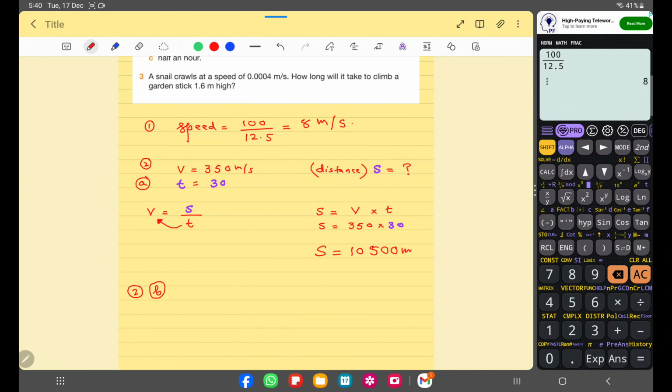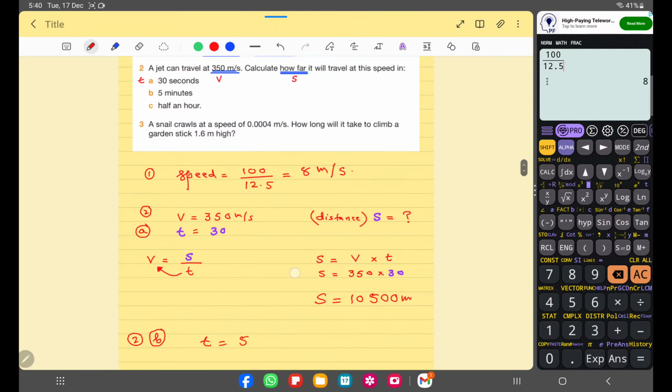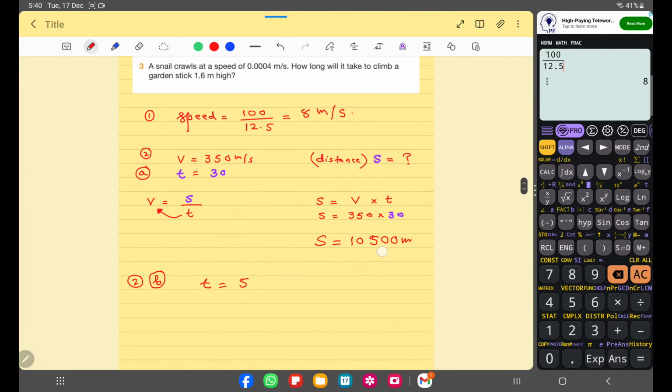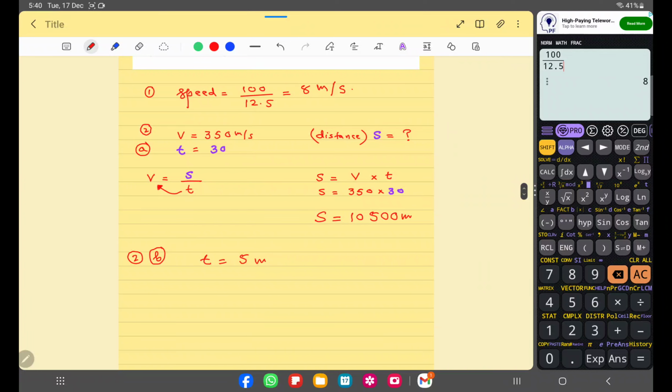In 2B, only the time interval is changed. Now they are asking for 5 minutes. In physics, the standard unit of time is not the minute. The standard unit of time is seconds. So it is 300 seconds.